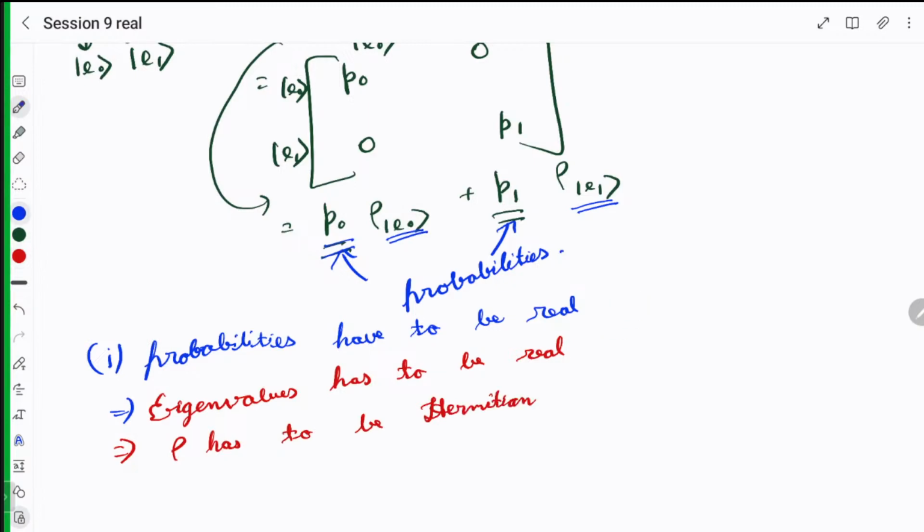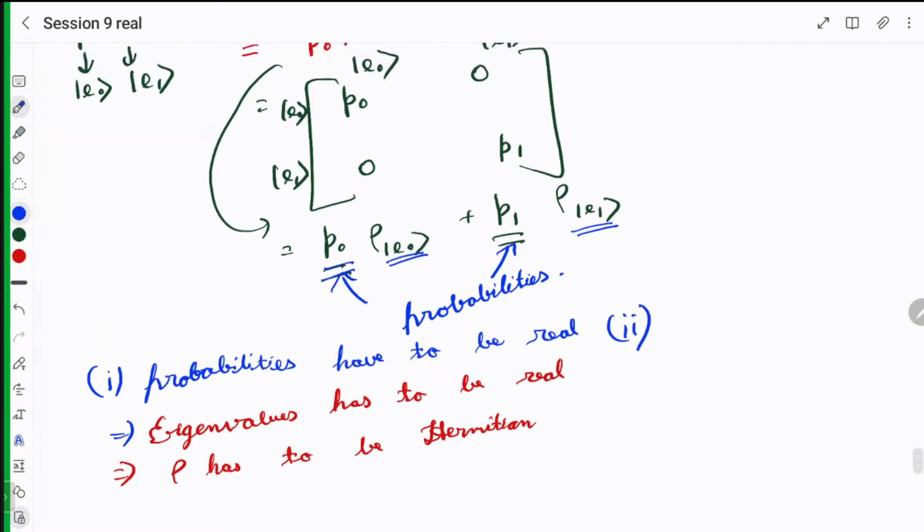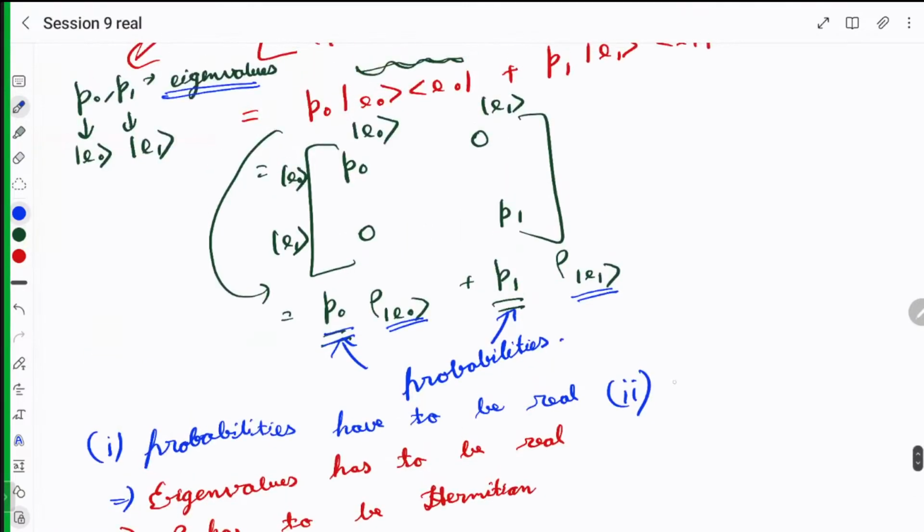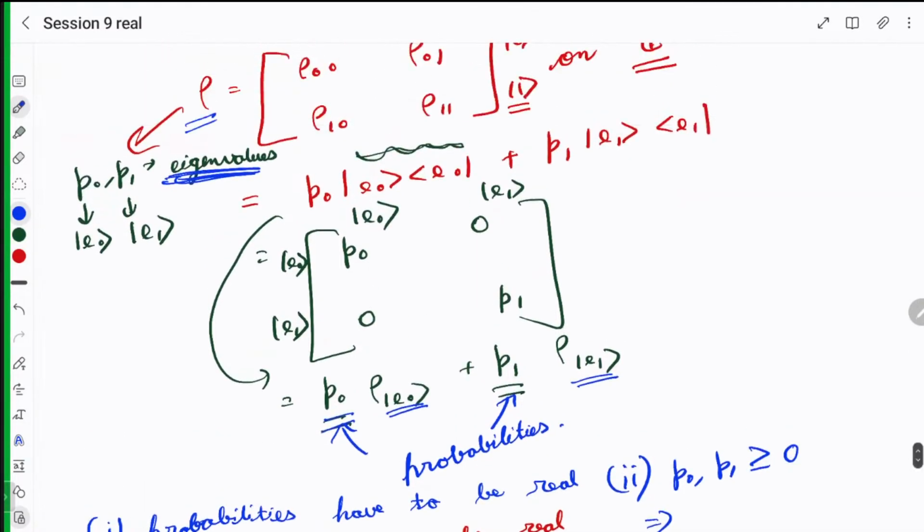Also see that probabilities have to be non-negative. So probability can be 0 or positive, so p0, p1 are greater than or equal to 0. And p0, p1 are again the eigenvalues of rho, remember?